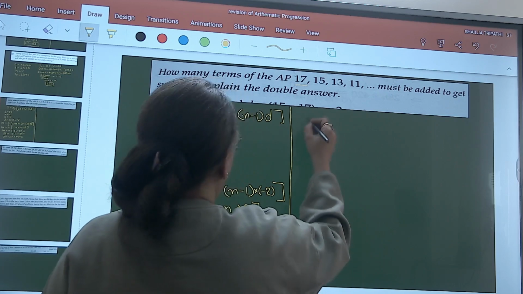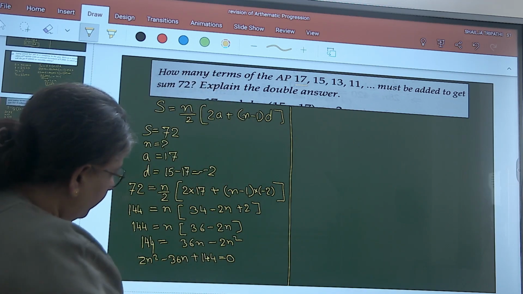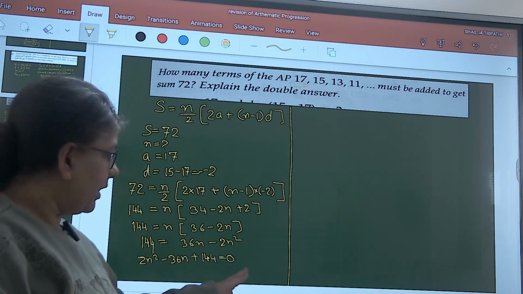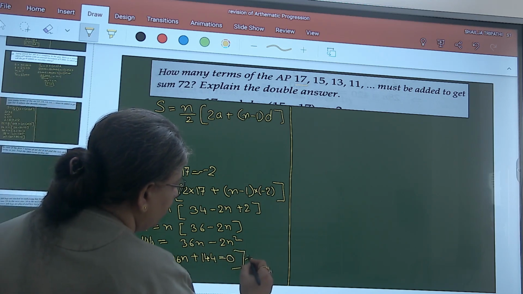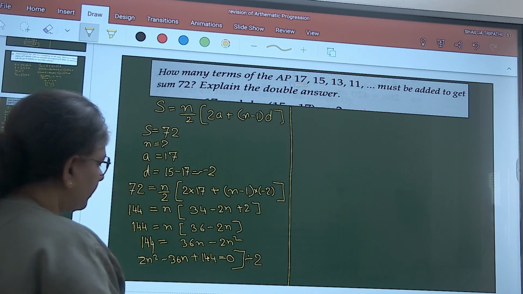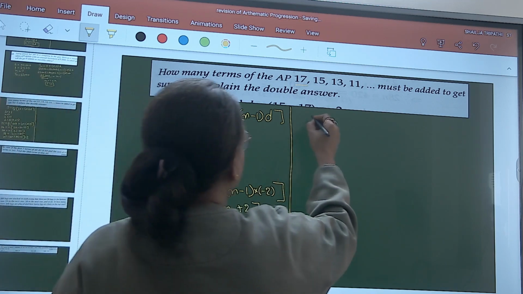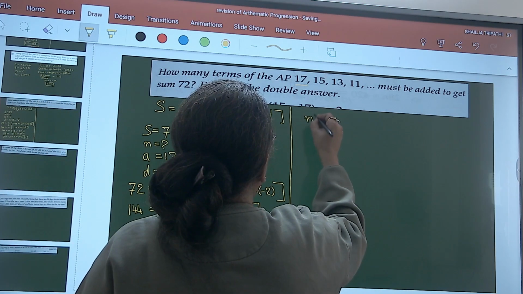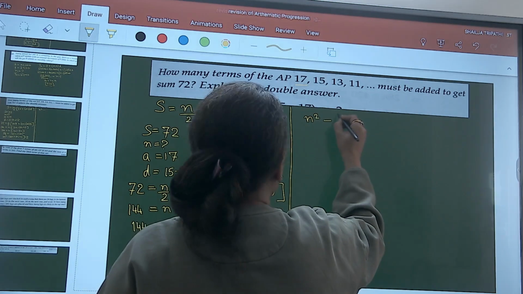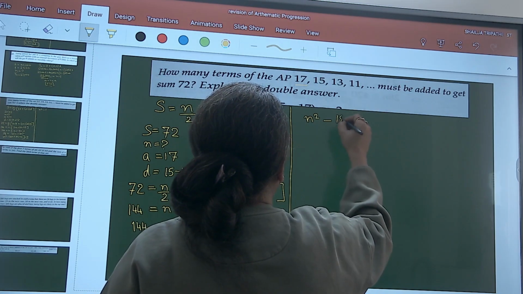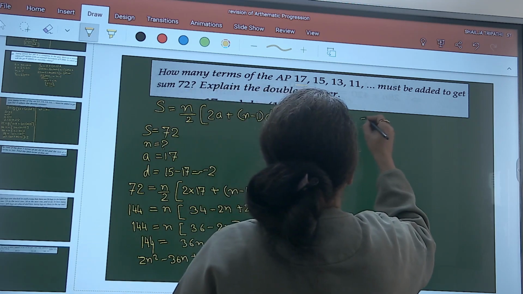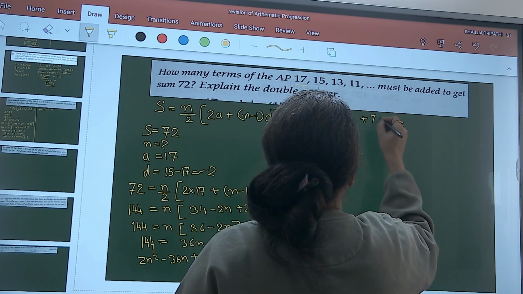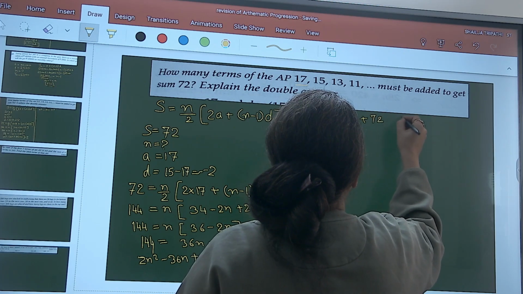Now we can reduce this quadratic again by dividing the whole equation by 2. So now we have n square minus 18n plus 72 is equal to 0.